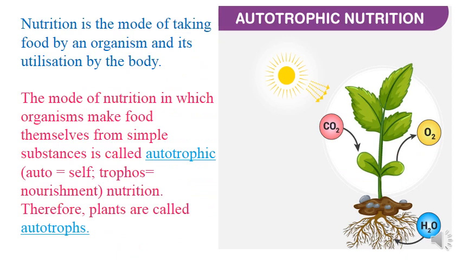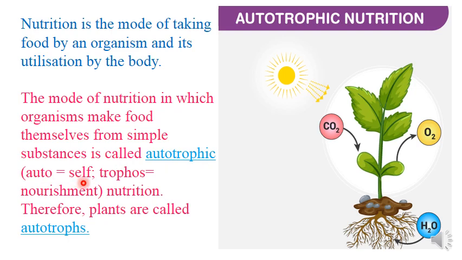Nutrition is the mode of taking food by an organism and its utilization. There are different ways to take nutrients. Some organisms prepare their own food by using the raw materials which are present around them. The mode of nutrition in which organisms make food themselves from simple substances is called autotrophic.